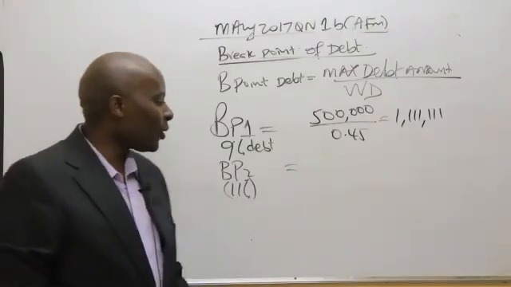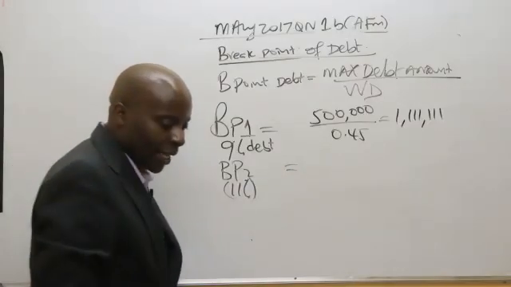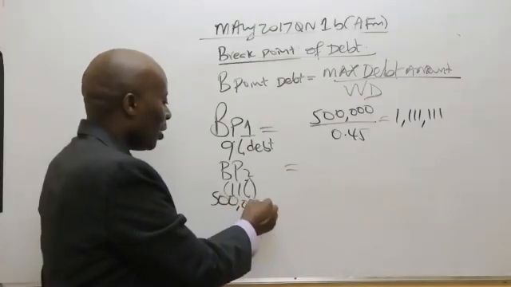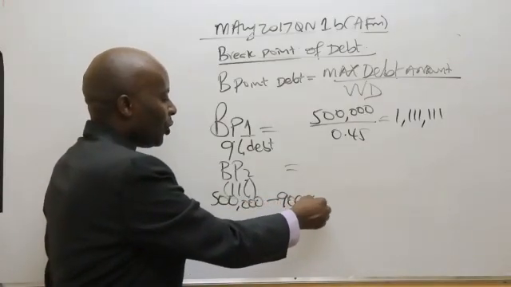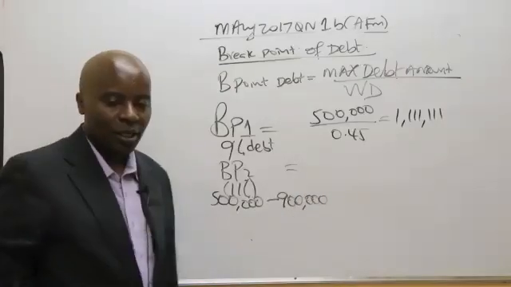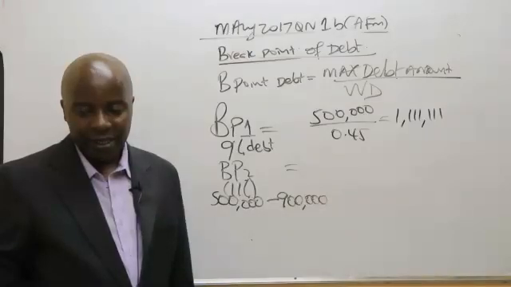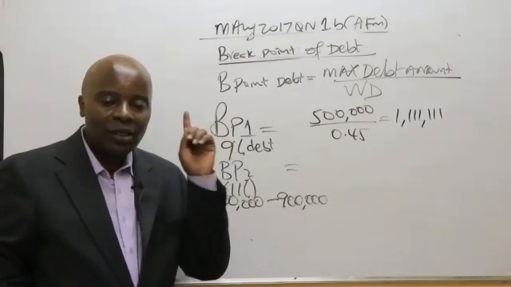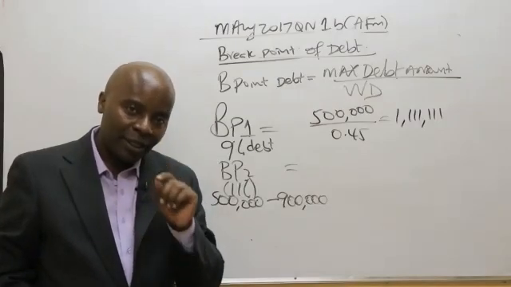For breakpoint 2, 11%, I can see outrightly the range here is 500,000 all the way to 900,000. Here I may be tempted to subtract the two, and that is the biggest mistake you can ever make in this kind of arithmetic.